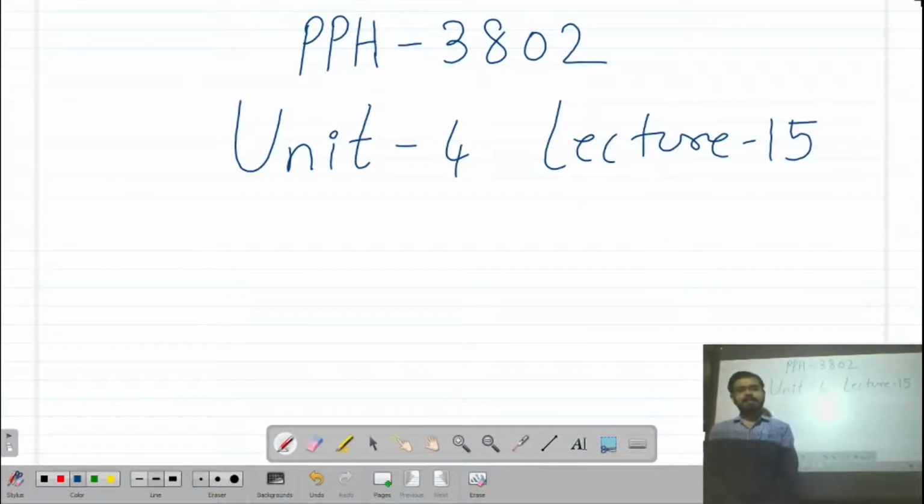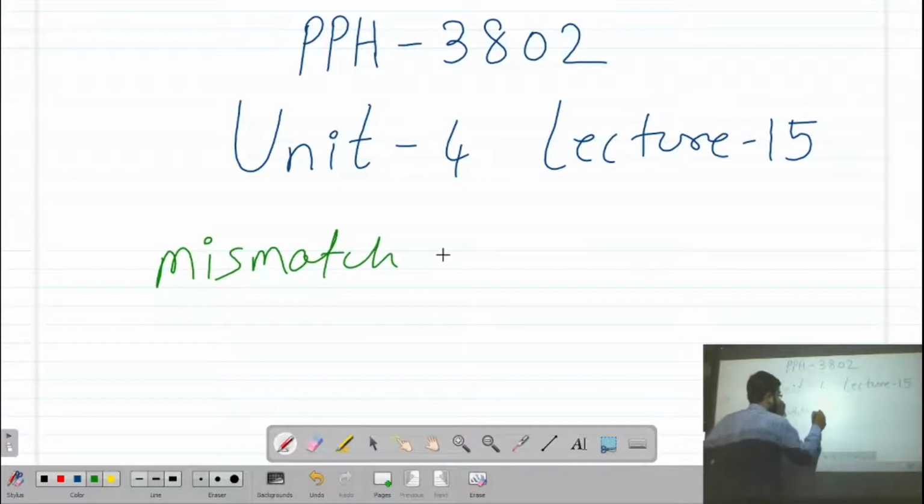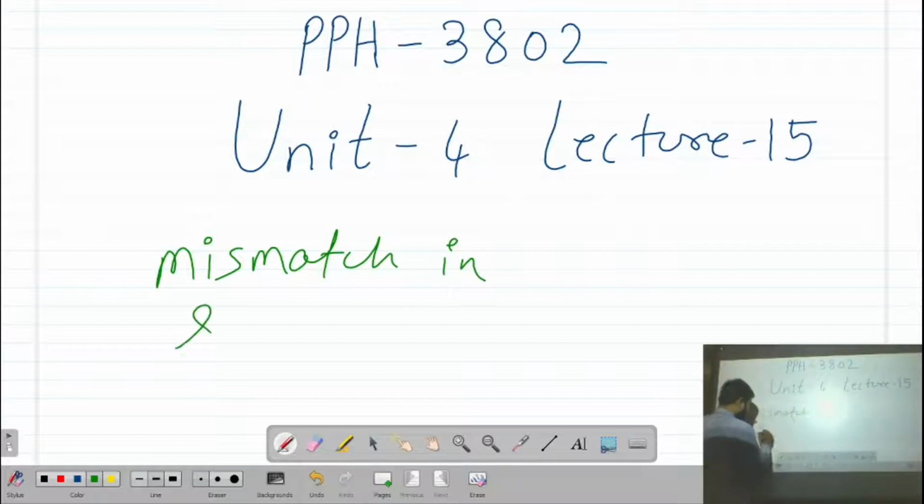In the last lecture we have seen mismatch in series connection, the reason for getting hotspots.